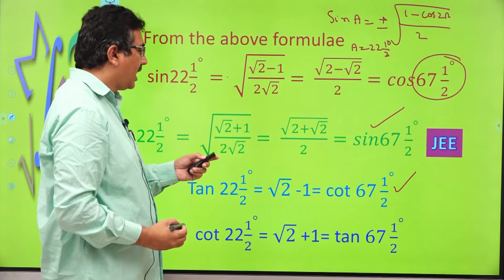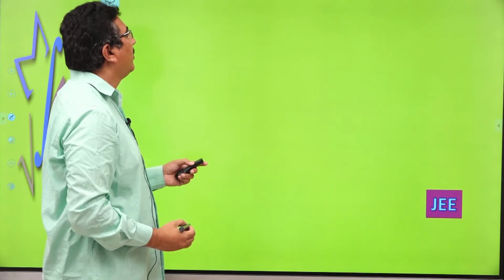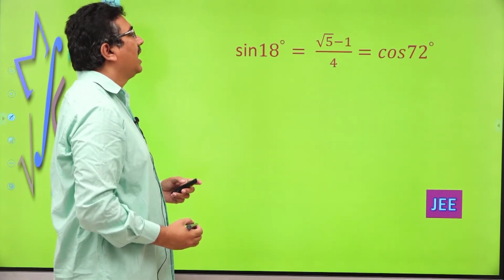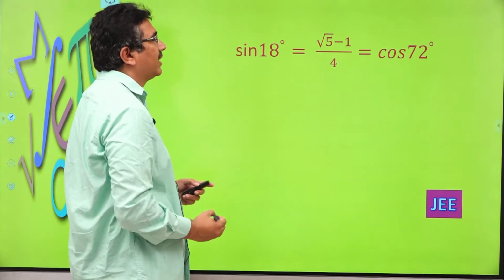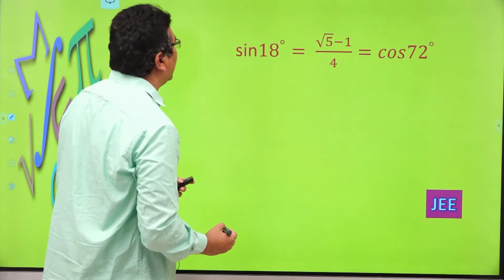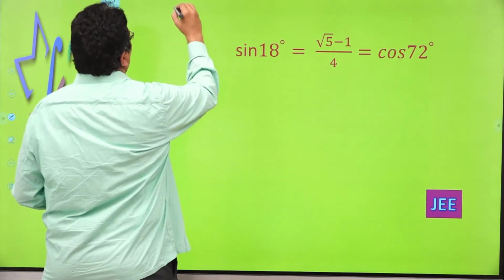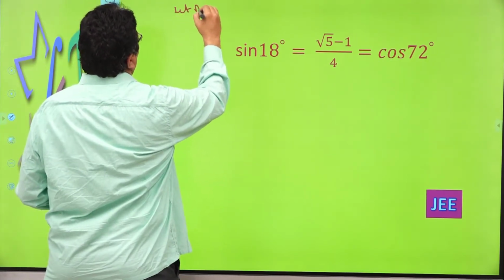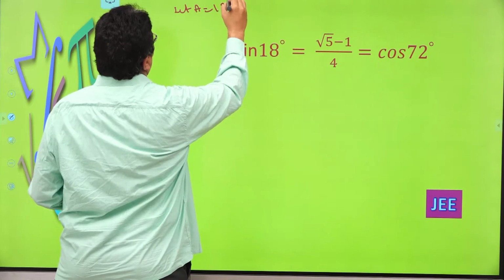Okay. Also derive some values. Sin 18 degrees is equal to, okay, how to find sin 18 degrees? Let angle A is equal to 18 degrees.